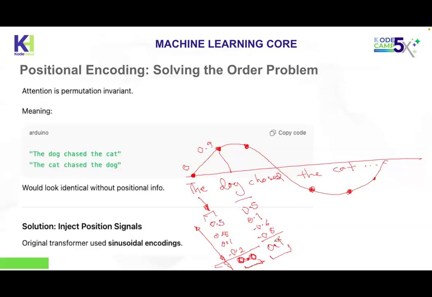That encodes the position. Same thing with chase: maybe I have an embedding for chase of 0.8, 0.2, 0.1, minus 0.8, minus 0.7. That's the embedding for chase. Then the position encoding is now 0.8.